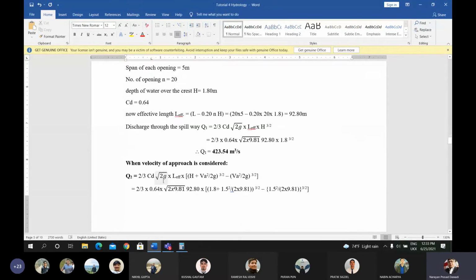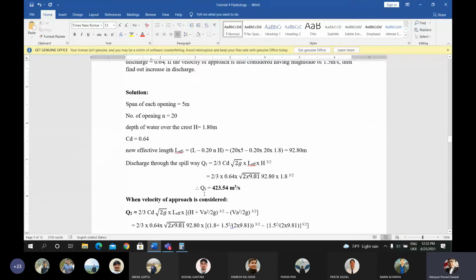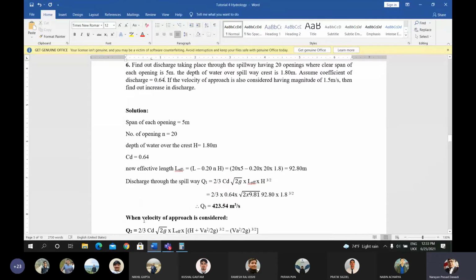Now for the second question, when the velocity of approach is considered, then for the second time the discharge will be Q2. The first discharge is without considering the velocity of approach, but the second, Q2, is done for the consideration of the velocity of approach. Okay.